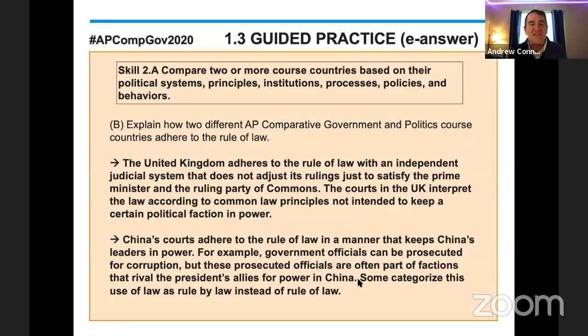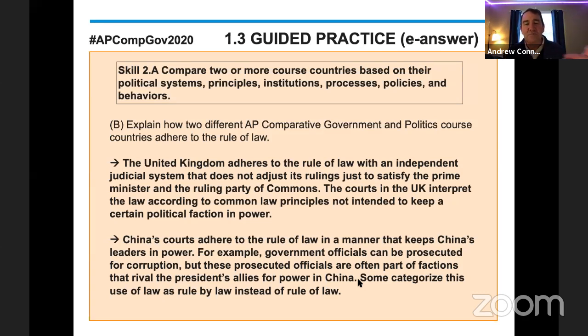If you know about President Xi's presidency in China, there have been thousands, some estimates say hundreds of thousands, of political officials who've been prosecuted for corruption. The government's definitely trying to tackle governmental corruption, which seems to appear as rule of law, but isn't it ironic that many of those government officials in China tend to come from political factions that have rivaled President Xi?